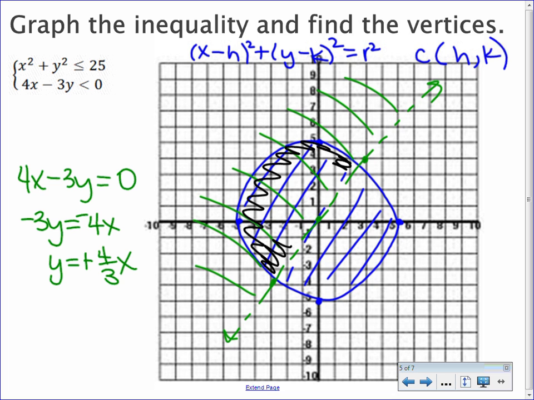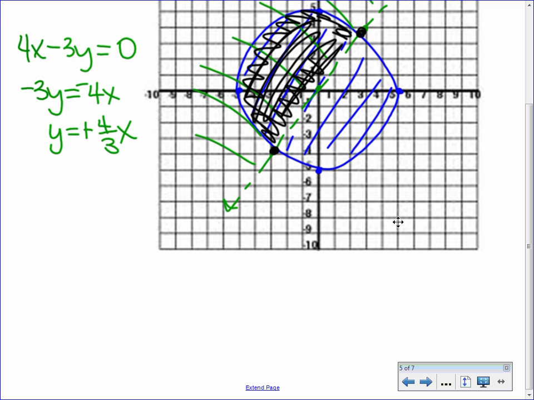Now I did a horrible job of drawing a perfect circle. So these vertex points, we're going to need to find. I need to know where 4x minus 3y equals 0 and x squared plus y squared equals 25 share a common point. Can we use substitution?